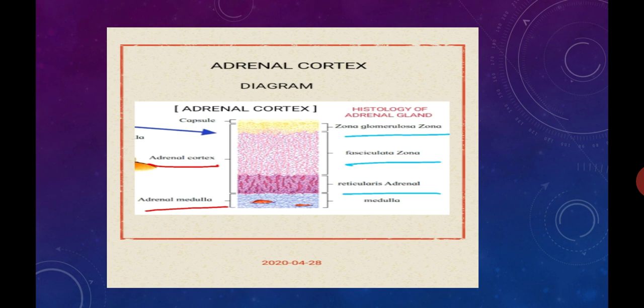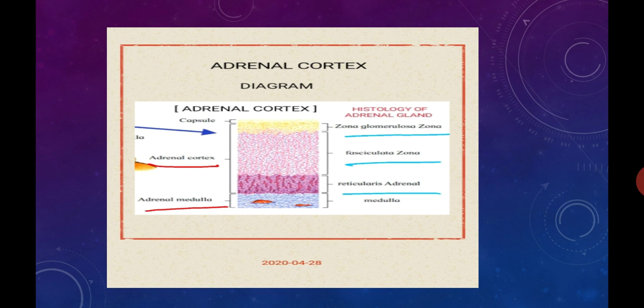This adrenal cortex is differentiated into three regions. One, zona glomerulosa, number two, zona fasciculata, and number three, zona reticularis. In a given diagram, you will see the three regions which are nothing but the zona glomerulosa, zona fasciculata and the zona reticularis.